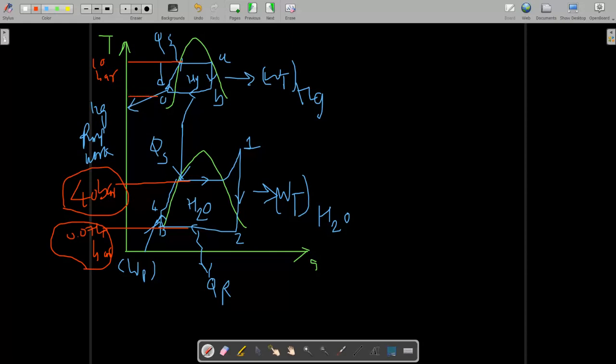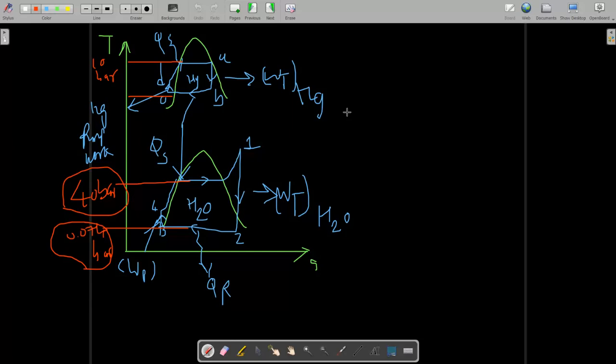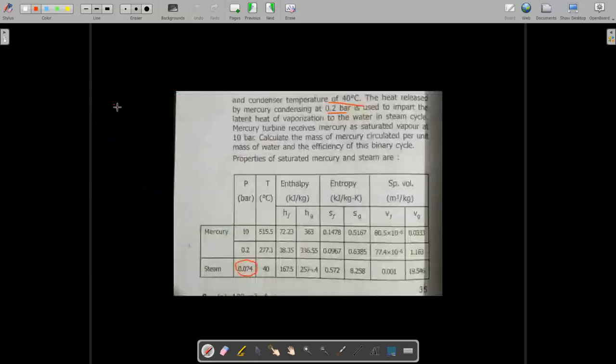and the condenser pressure is given as 0.2 bar for mercury. Okay, now the main line: the heat released by the mercury condensing at 0.2 bar is used to impart the latent heat of vaporization of water in the steam cycle.